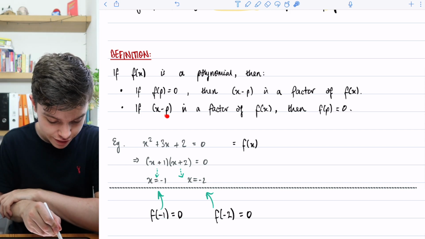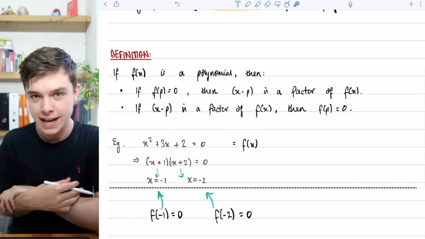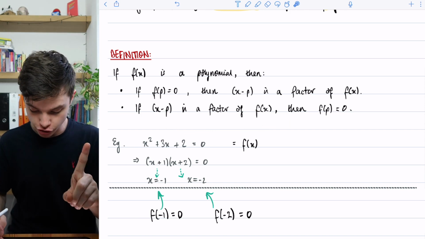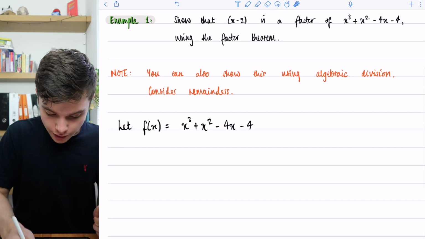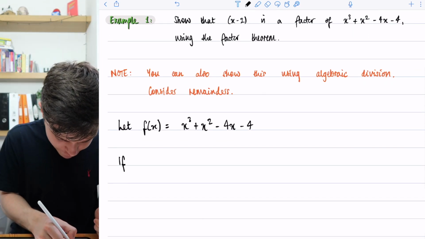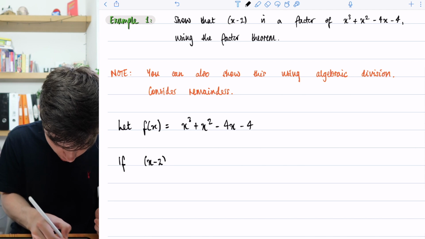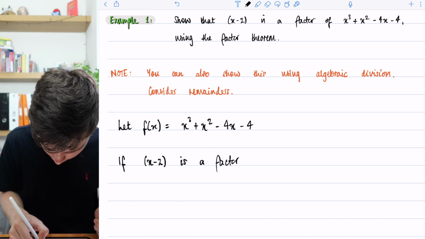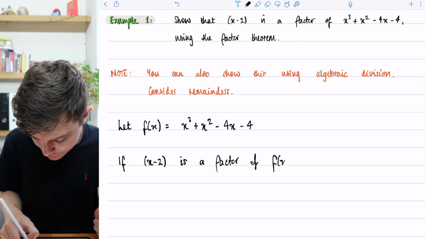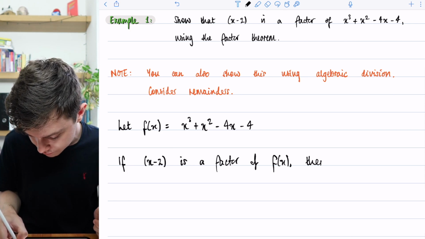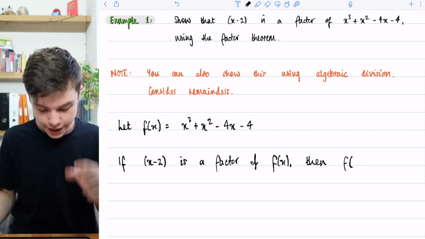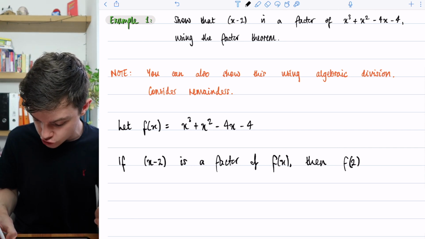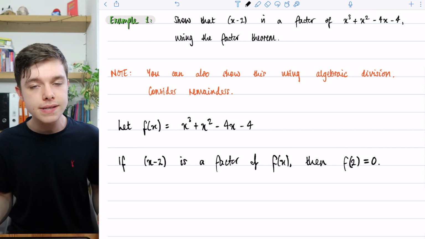So f of this p here must be equal to 0. So let's write that here. If x minus 2 is a factor of f of x, then f of the opposite sign, so f of 2, must be equal to 0.